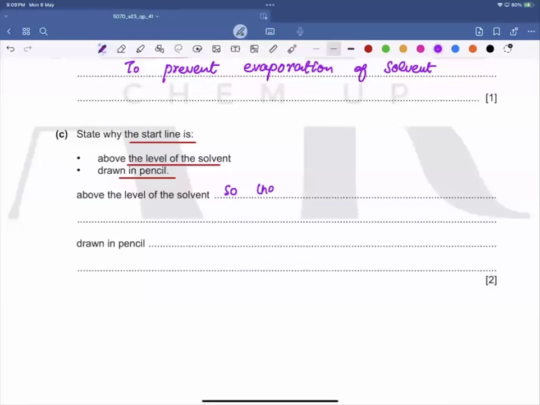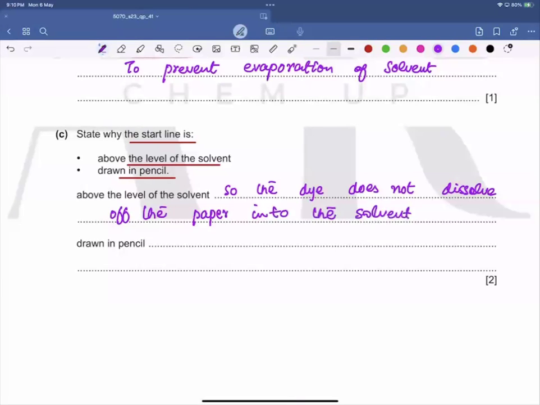So the dye does not dissolve off the paper into the solvent. Is this understandable to all of you?